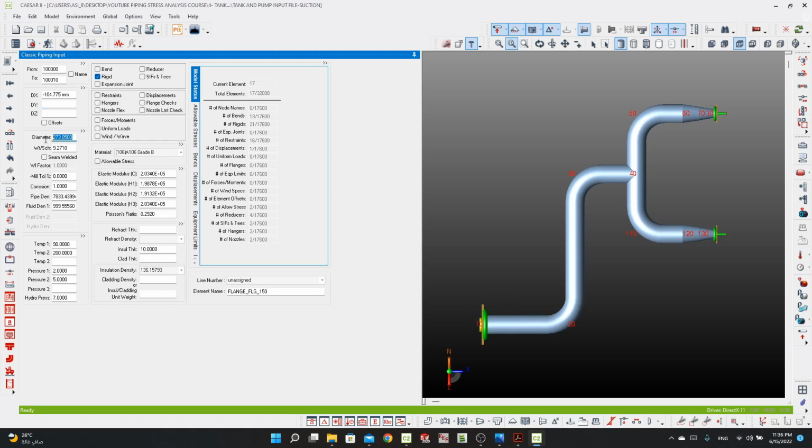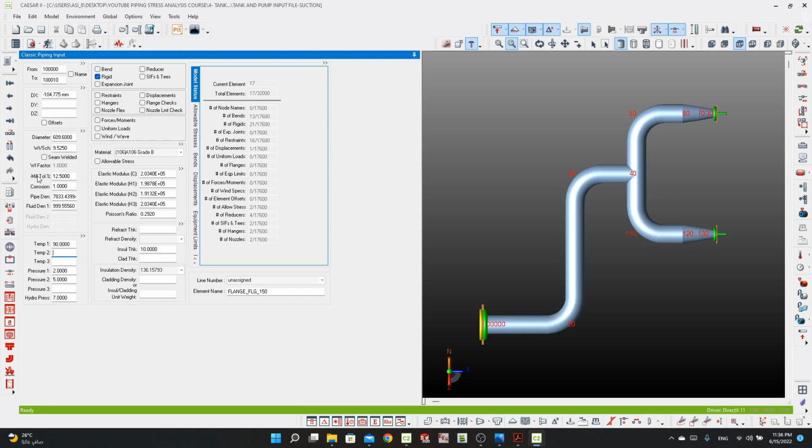Here our force. We have here 12.5. Okay, corrosion allowance. Piping density, we are using A106 grade B, 90 and 120. We can adjust this.